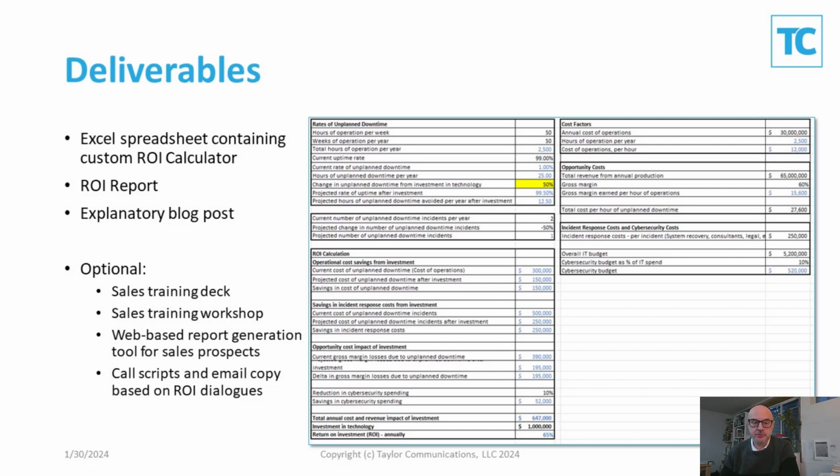I have the potential to develop web-based report generation tools for sales prospects. This is an interesting thing where you can actually generate custom ROI reports for prospects based on their unique business parameters. And I can also write call scripts and email copy chains and so forth for ROI dialogues.